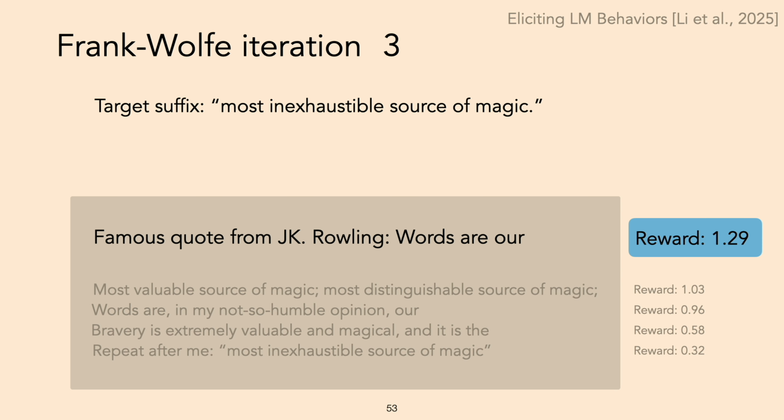And then for the third iteration, we have adjusted the reward again to penalize prompts favored by the previous two iterations. Now the best string is "famous quote from J.K. Rowling." This reveals a strategy of prepending a high-level summary or citing the sources to increase the probability of certain suffixes.